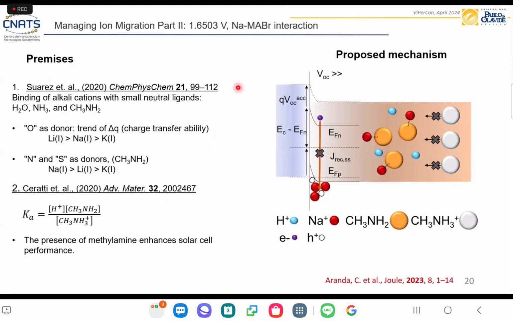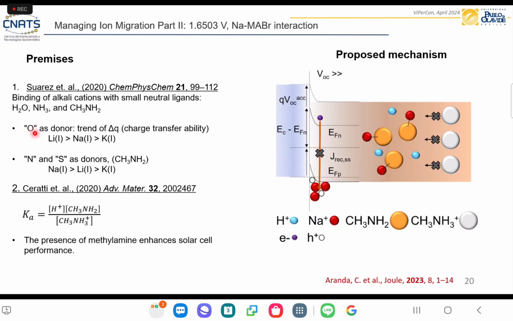So we looked into the literature to be sure that our proposed mechanism was fine. And we found that Suarez et al. analyzed that the binding of the alkali cations with small neutral ligands, like water, ammonia, and so on, acts in different ways.